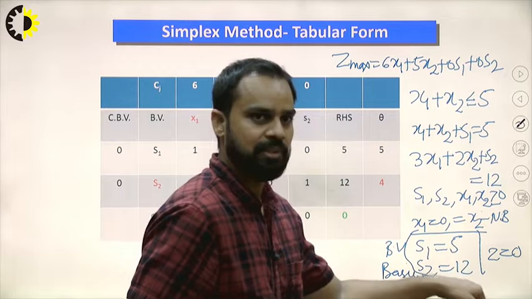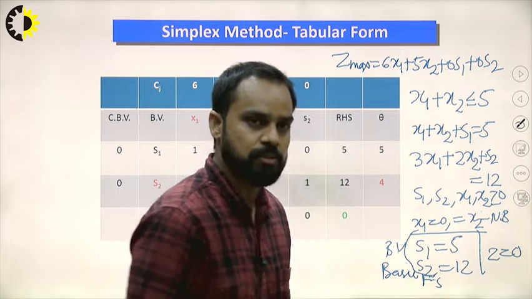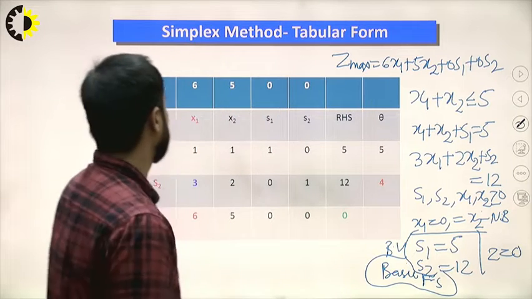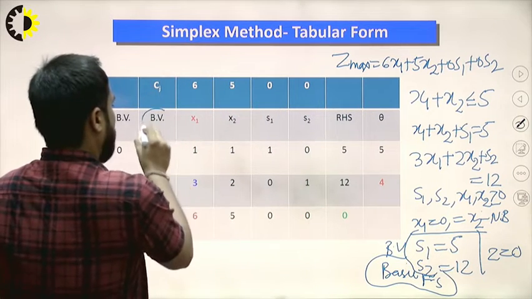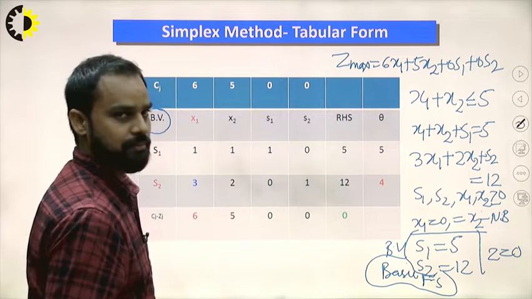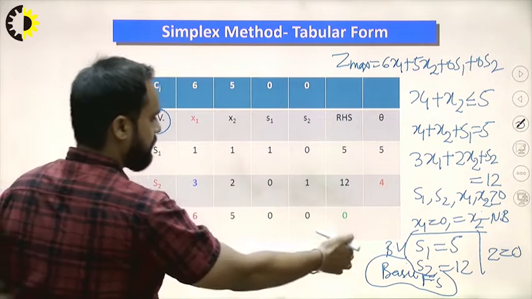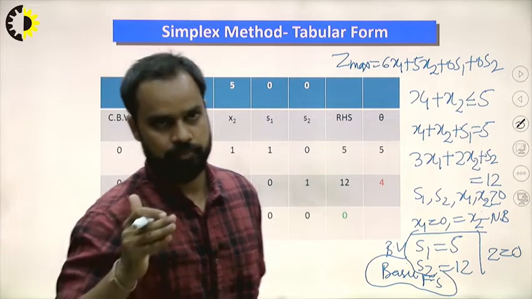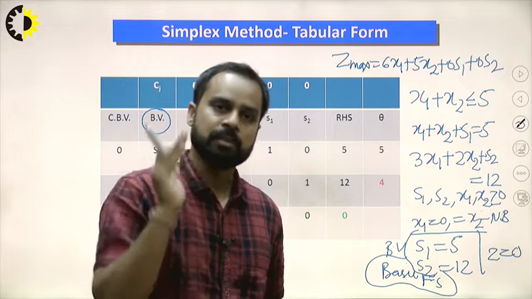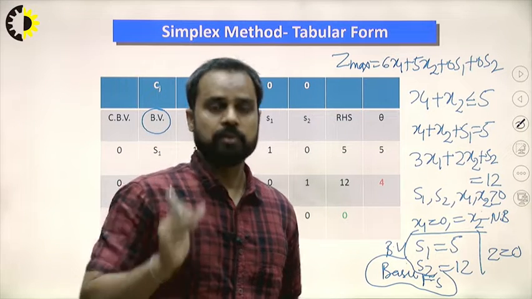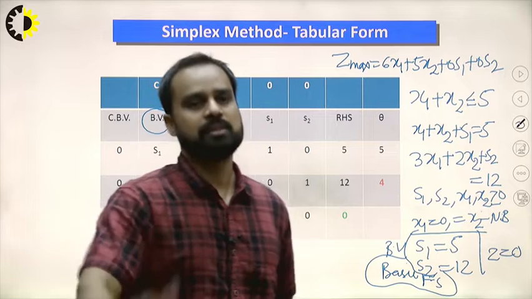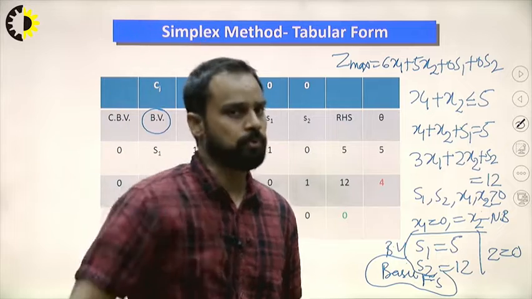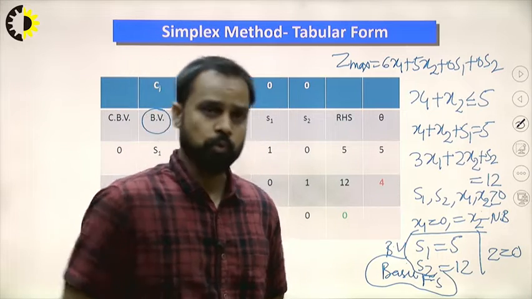Because we are calculating with the help of basic variables, the solution is the initial basic solution. This table represents the initial basic feasible solution, because the simplex method always starts from the initial basic feasible solution. In further iterations we have to improve the value, meaning we have to move towards optimality.